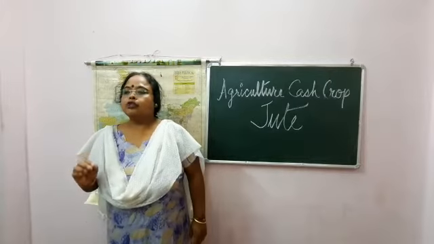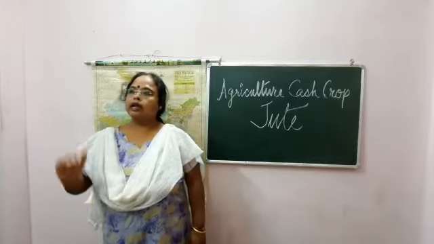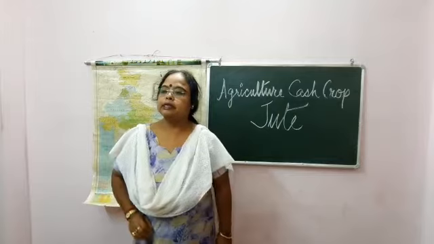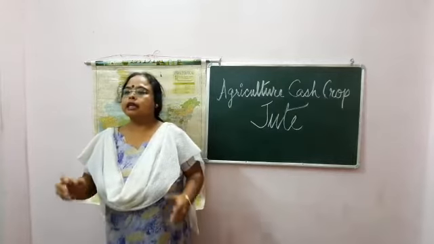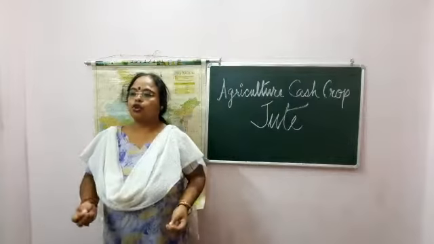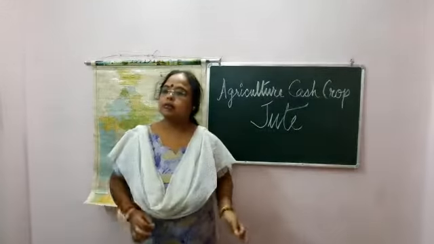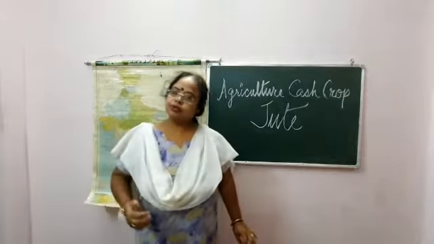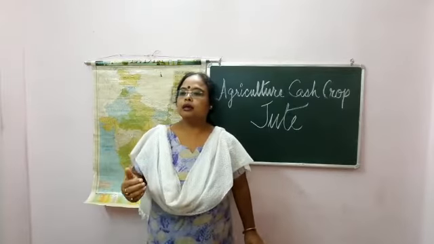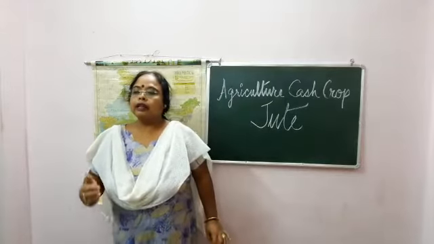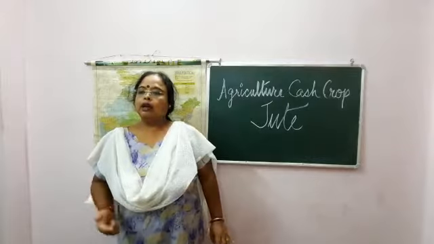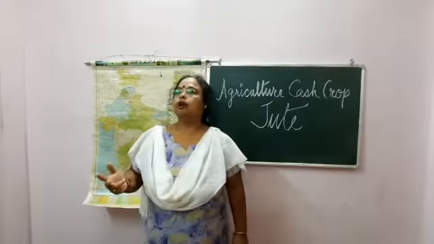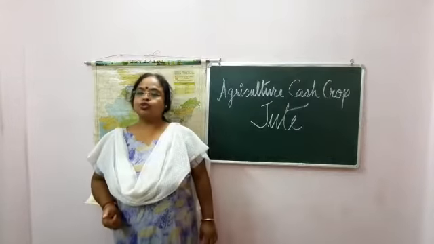The jute plant grows to a height of 2 to 4 meters. Its fiber is the inner bark, soft and strong, and can be obtained from the stem as yarn of good length. Next, the types of jute. There are two types: white jute and tossa jute.